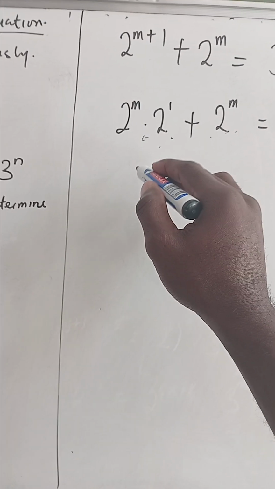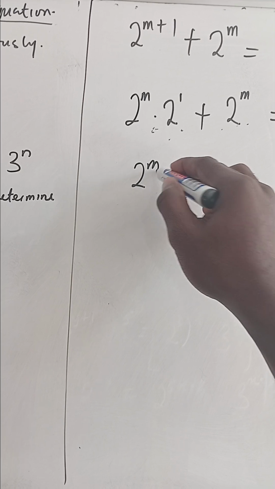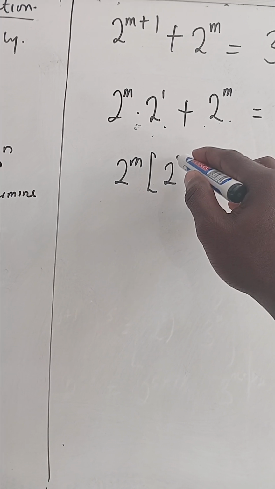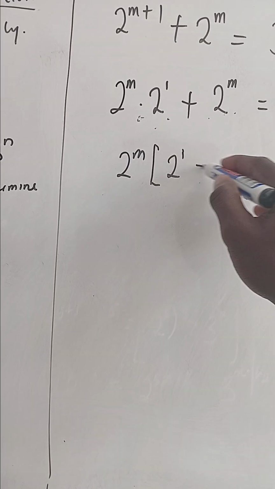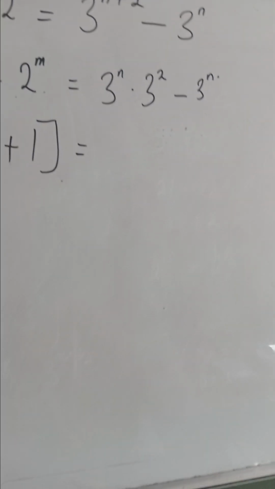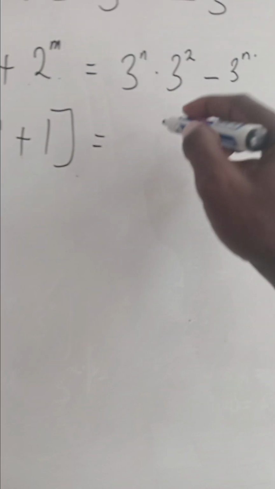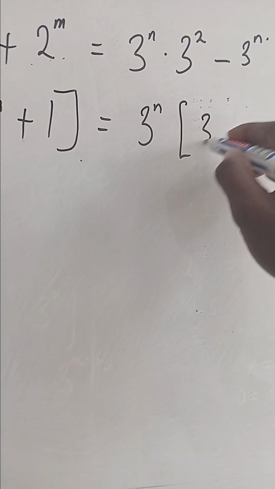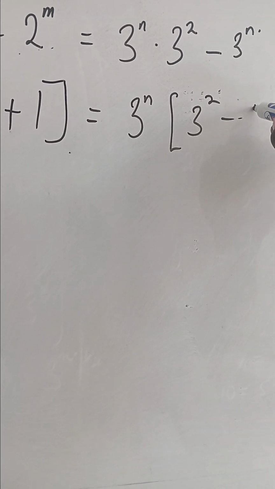So we can factorize by writing 2 raised to the power of m into the bracket of 2 to the power of 1 plus 1. The same thing applies to this place. 3 to the power of n is a common factor. We have 3 raised to the power of n into 3 to the power of 2 minus 1.